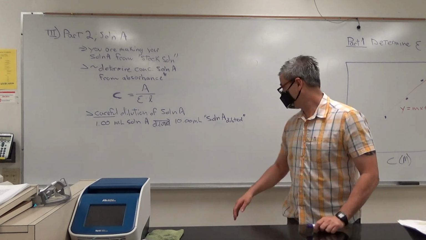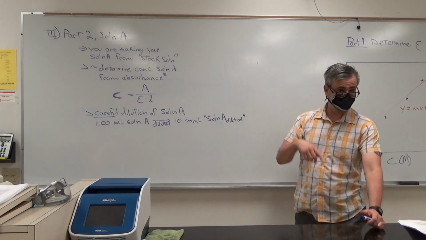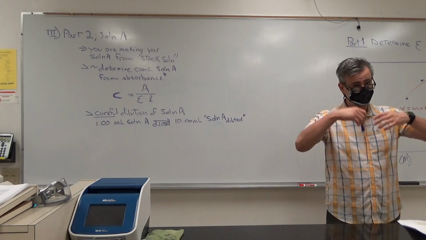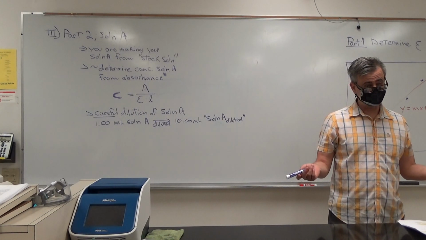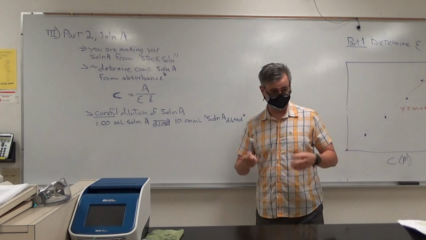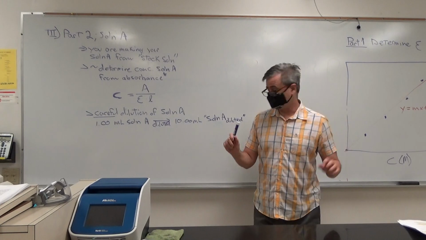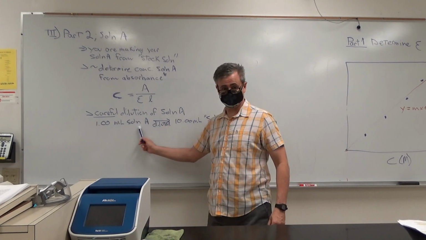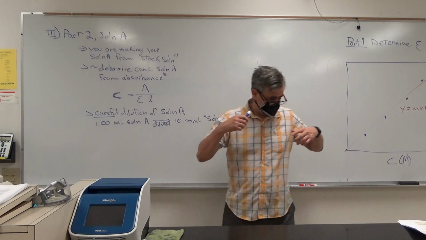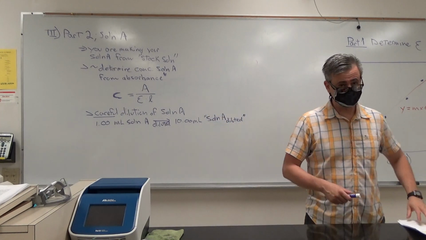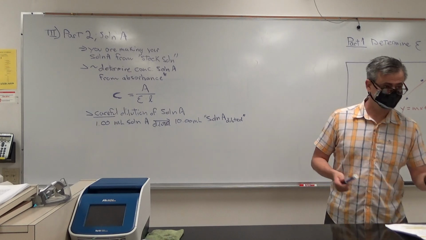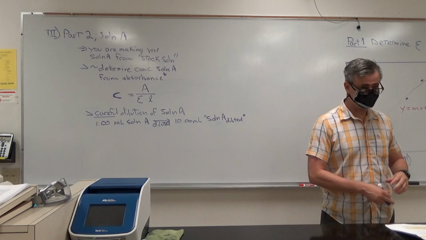Now solution A diluted, you can measure the absorbance, and then you can figure out the concentration of solution A diluted. Okay, but that's not the ultimate goal. The ultimate goal is to find out the concentration of solution A. Okay? How are we going to figure out the concentration of solution A? That ain't wrong, but that's not what I was after.